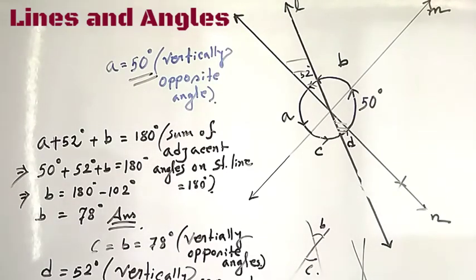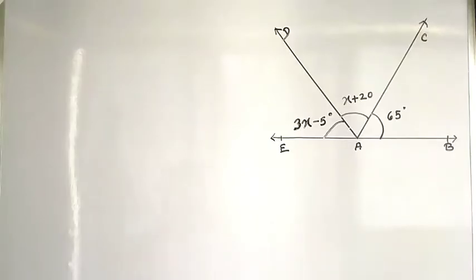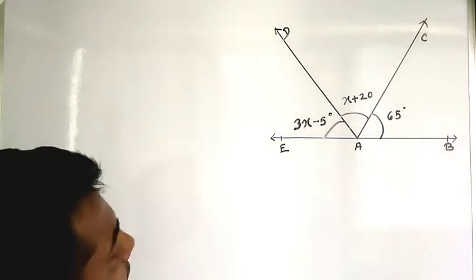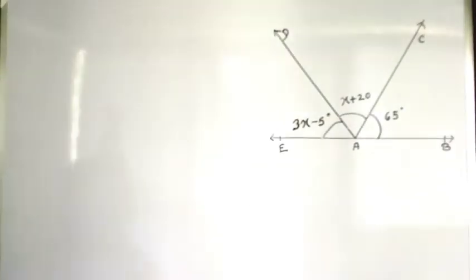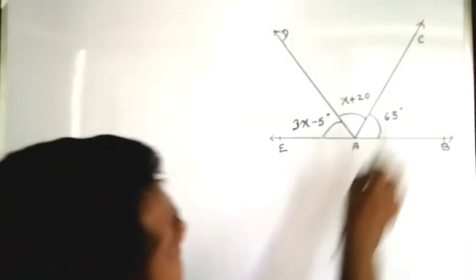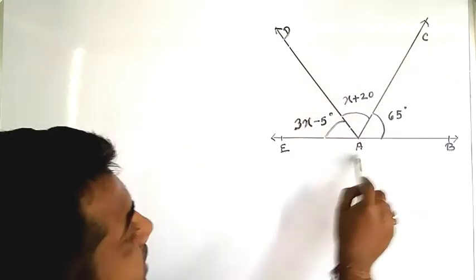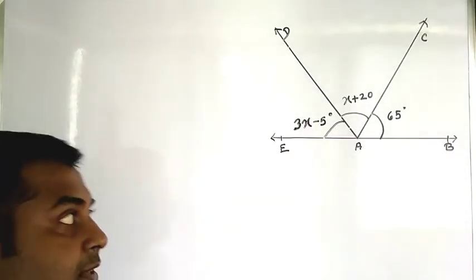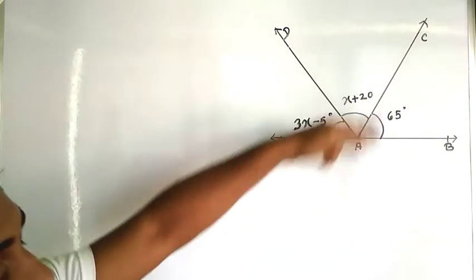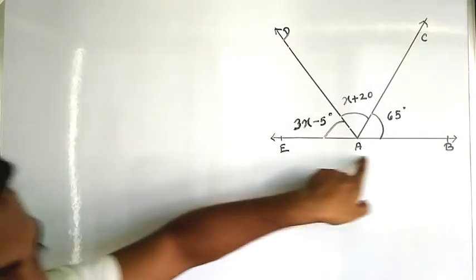And now we will do another math. See the next math. In the given figure, you can see three adjacent angles. One is DAE, another is DAC, and the third is CAB. All these three angles are adjacent angles, and they lie on the straight line EA.